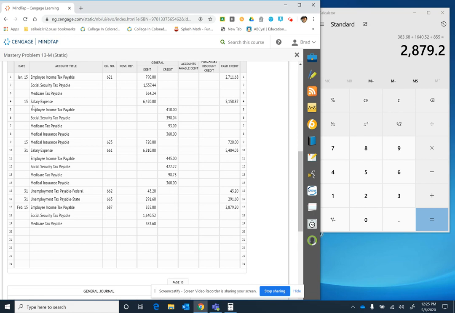This is going to look exactly like lines 4 through 8 and lines 10 through 14. So we have the 15th here, and we've got our salary expense. Then we're going to have our employee income tax.